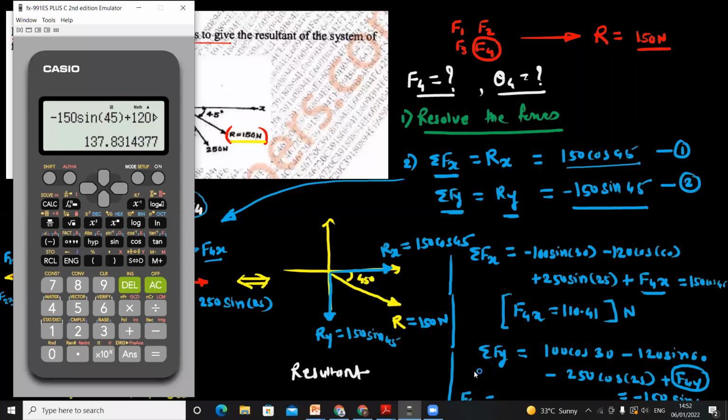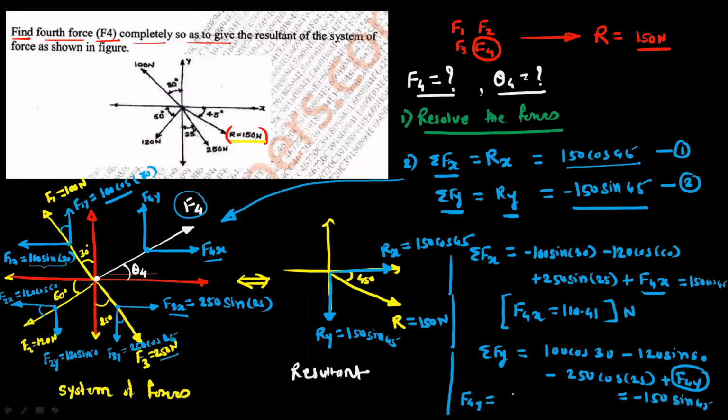So F4y is 137.83. Okay, this is 137.83. This is again in Newton.